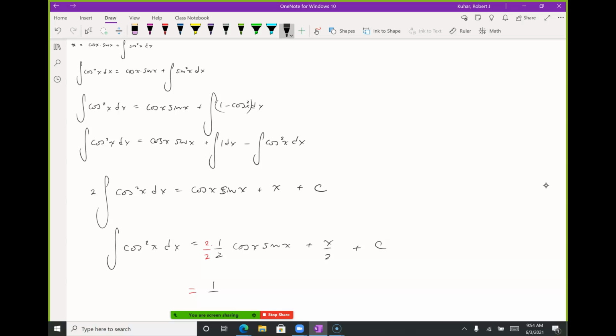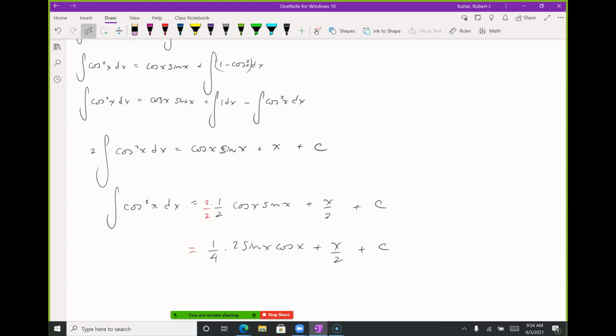And so I get 1/4 of 2 sine x cos x plus x over 2 plus c. And the 2 sine x cos x is sine 2x. And that's what I had before. So all those trig identities from pre-cal you should definitely have on your formula sheet.